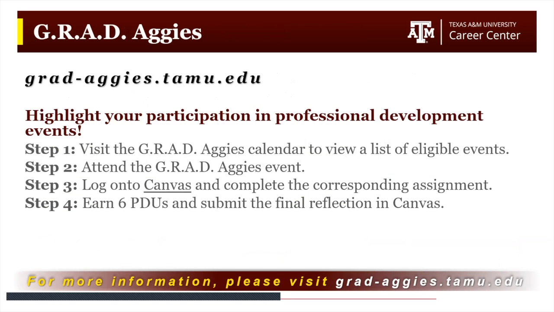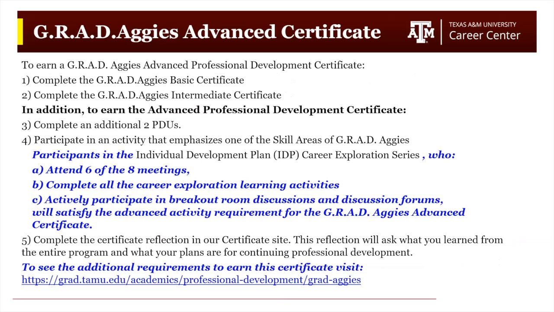Attending each session of this series equals 1 video point that will count towards the Grad Aggies certificate after completing the reflection on Canvas. To earn a Grad Aggies Advanced Professional Development Certificate, you need to complete the Grad Aggies Basic Certificate and the Grad Aggies Intermediate Certificate.